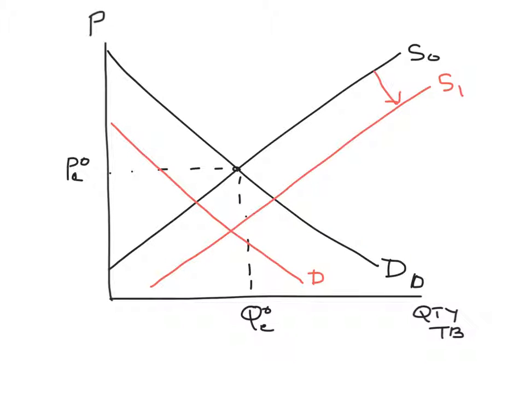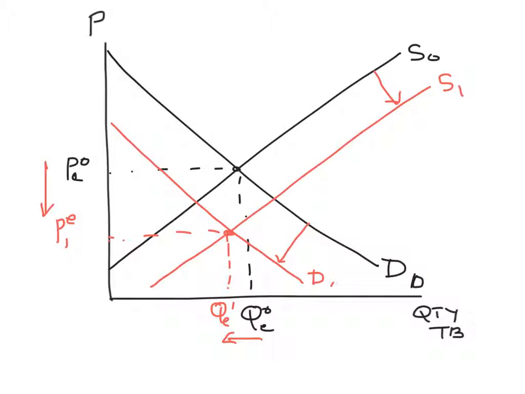Shift the demand curve to D1, and now we have a new equilibrium where QE1, and then we have PE1. So the price of bonds has fallen and the equilibrium quantity here has decreased. The interest rate has increased.